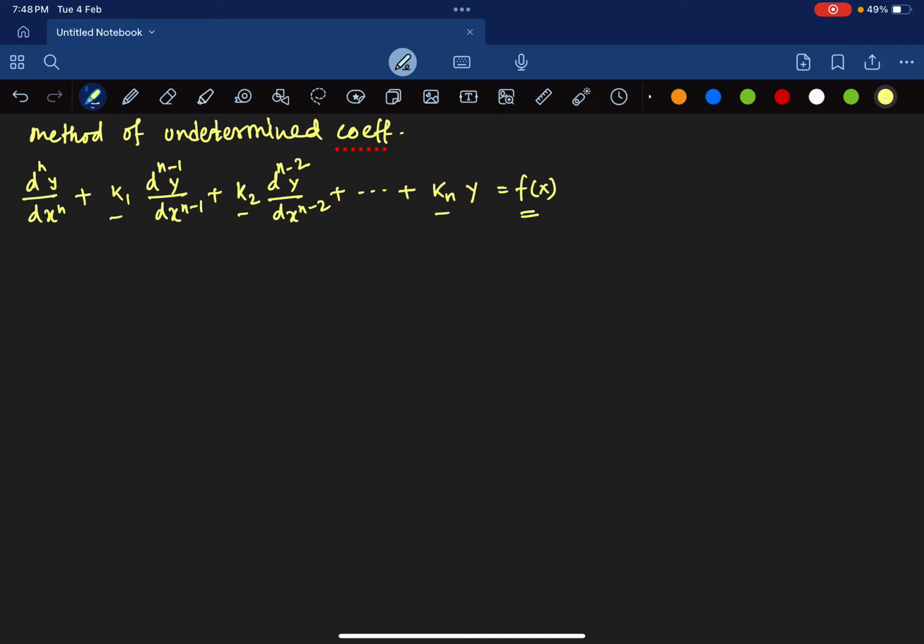So this is an nth order differential equation, and it is non-homogeneous due to the presence of this f(x) term.